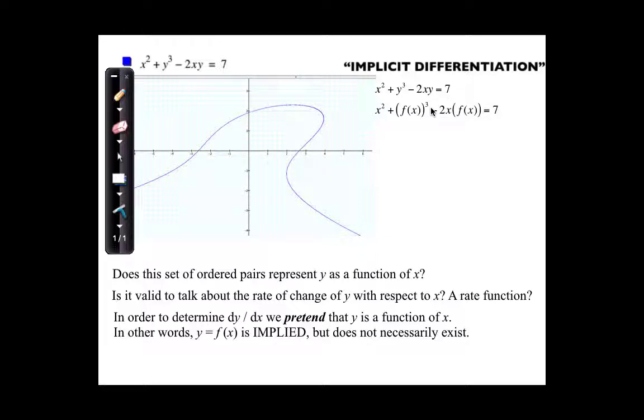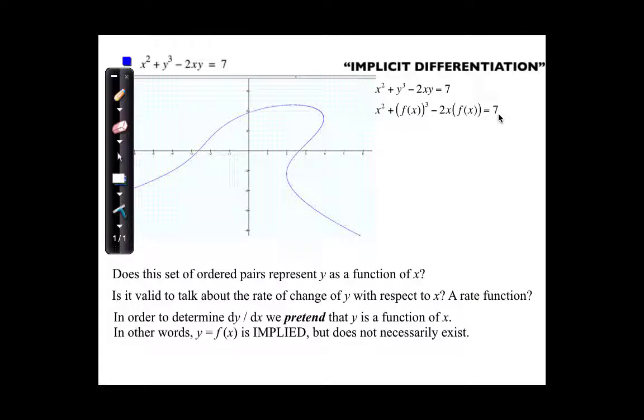We use our power rule: 3 times the original f of x squared, and then times the derivative of f of x. And I can differentiate each term in this expression, including the 7.